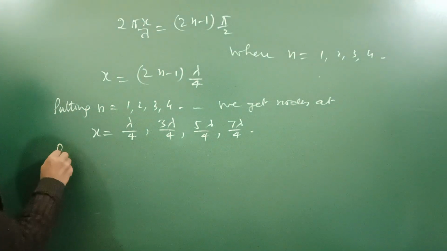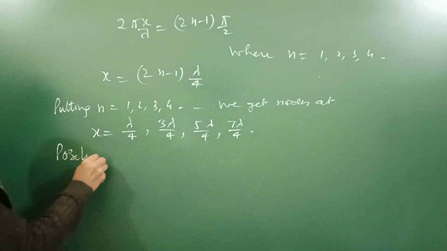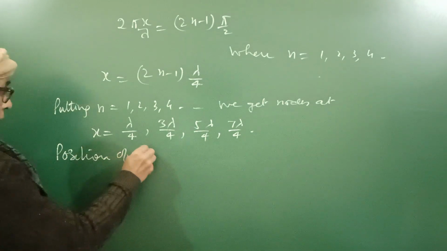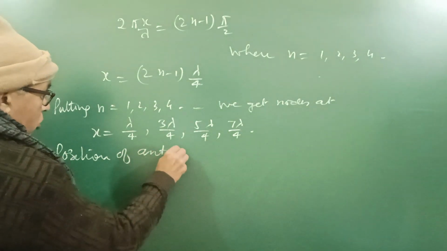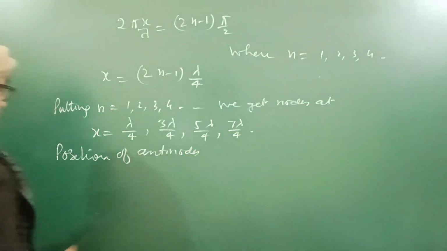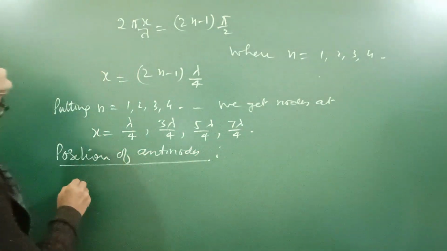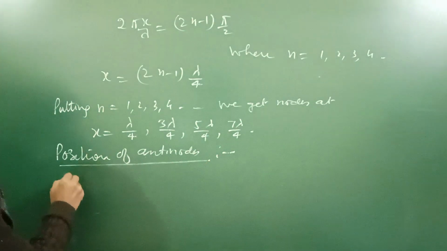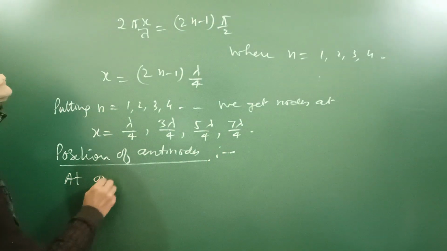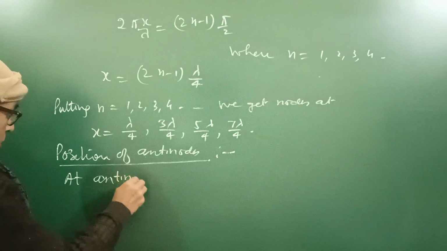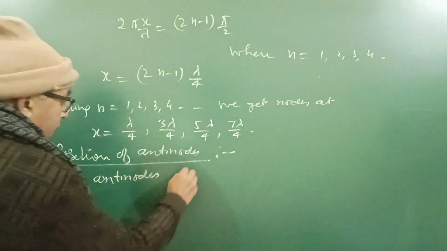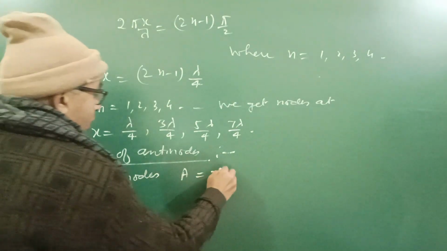Now the position of antinodes. At antinodes, A equals plus or minus 2a.